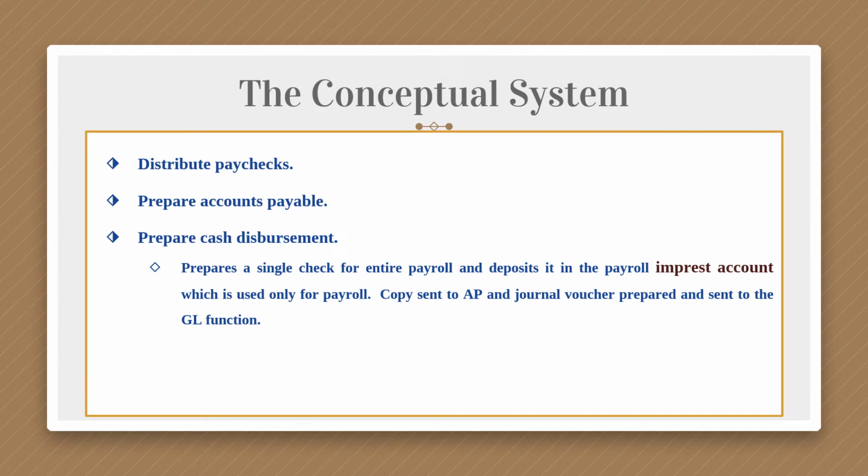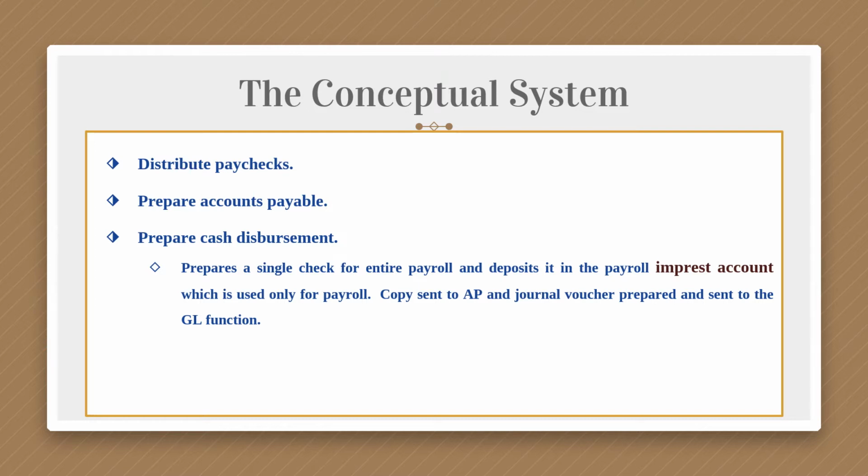When we prepare the paychecks, we distribute them to the employees, and at the same time we prepare the accounts payable, recording the liability of the company for the salaries that the company is obligated to pay to the employees, and then prepare the cash disbursement.